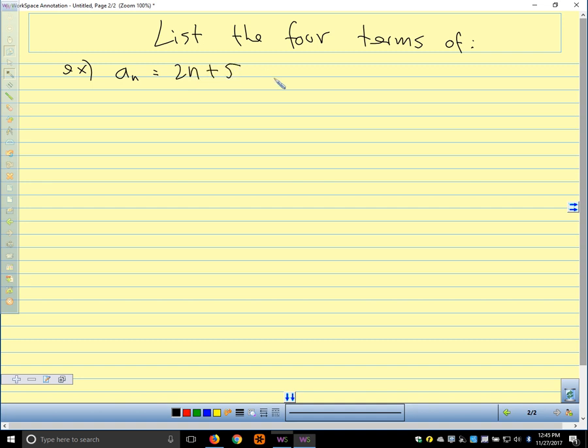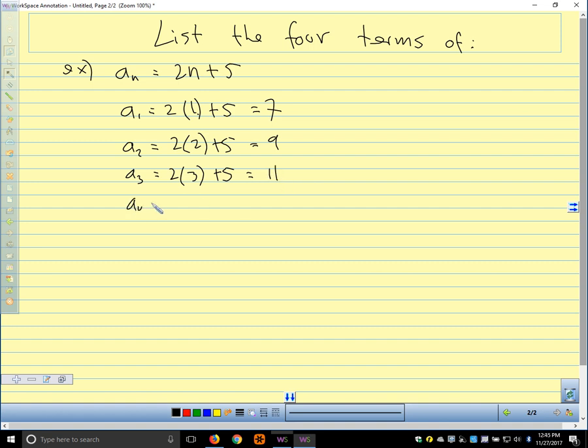So we have a nice formula for the nth term. a sub 1 is 2 times 1 plus 5, so that would be 7. a sub 2, 2 times 2 plus 5, which is 9. a sub 3, 2 times 3 plus 5, which is 11.